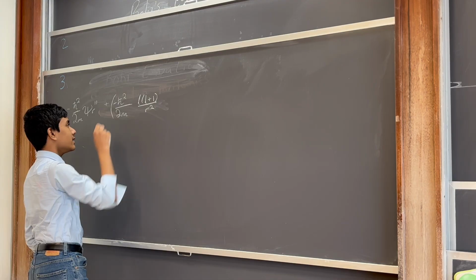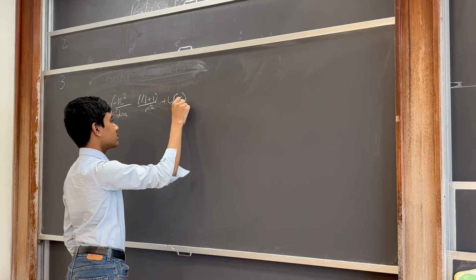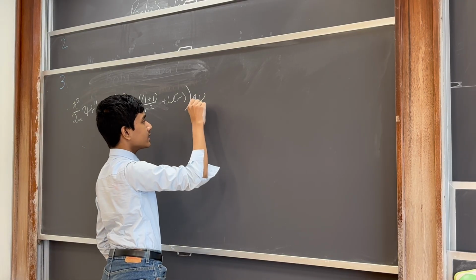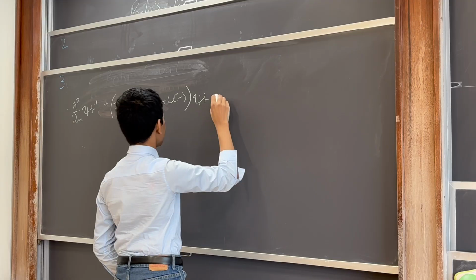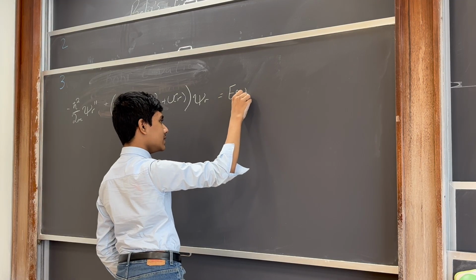This would have a minus sign. And this is our potential function. And this is all multiplied by psi r. That's equal to E psi r for some energy level E.